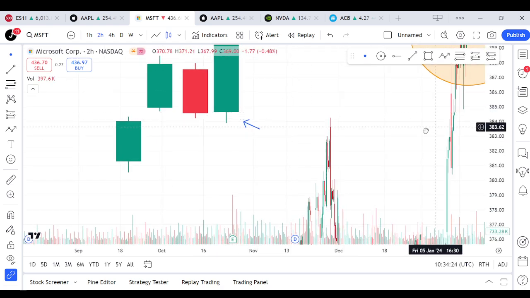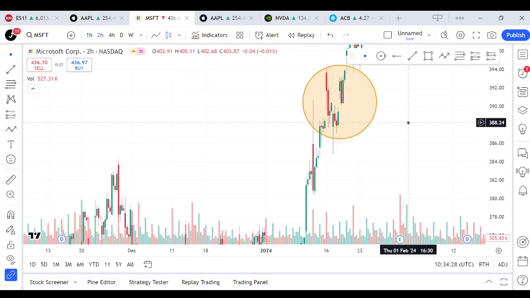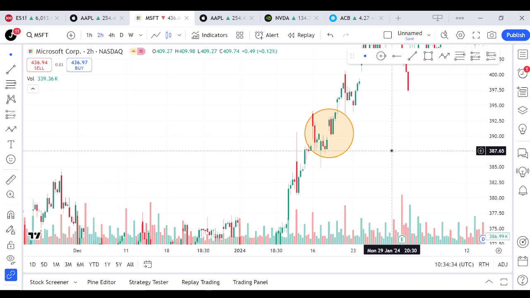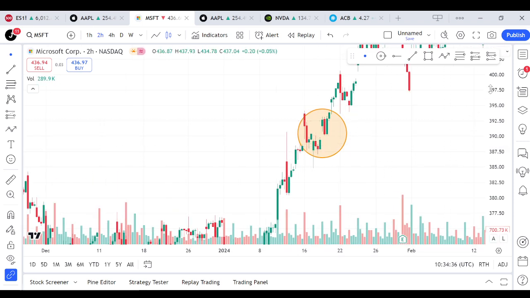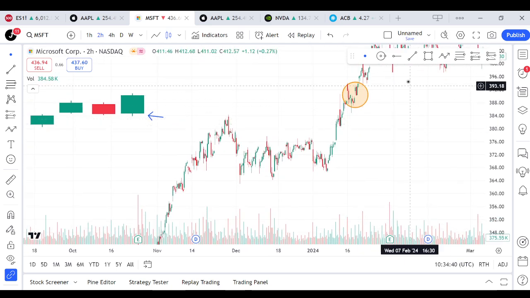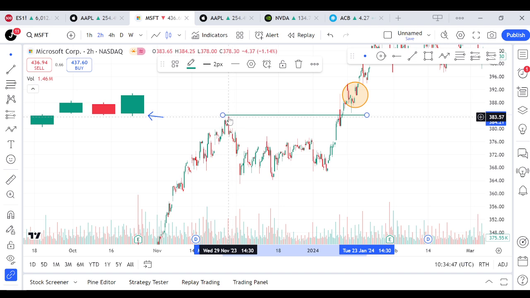So let's hop on the charts and look for a wonderful example that best explains the Upside Tasuki Gap candlestick pattern. So this is a wonderful example right here. We are bullish currently, and we just broke structure to the upside, and you have this respected level right here.